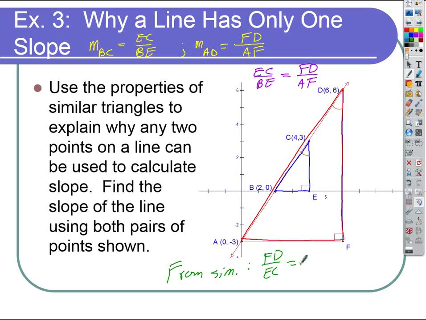AF over BE, right? AF over BE. That has to be true. Anybody would agree to that, right? Because they're similar triangles. Well, now can I relate, this is pretty cool, can I relate this ratio to that one?